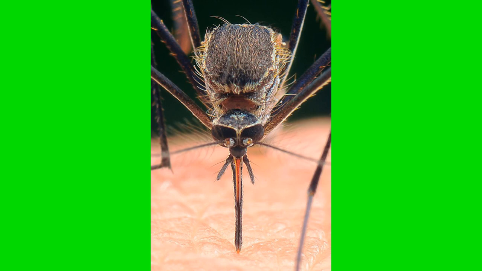For the topic, important vector-borne diseases, we will delve into 1. Mosquito-borne diseases such as malaria, dengue, Zika, chikungunya, and yellow fever. 2. Fly-borne diseases like river blindness or onchocerciasis and trypanosomiasis, which is also called sleeping sickness. 3.